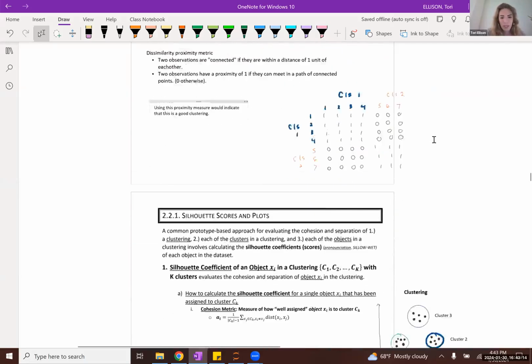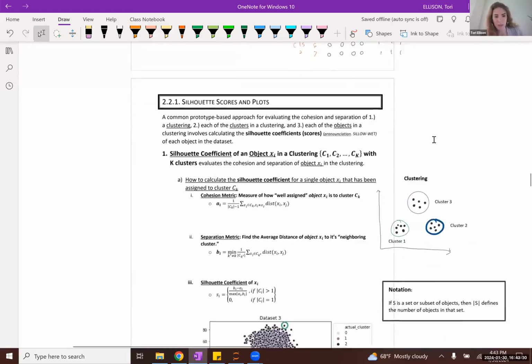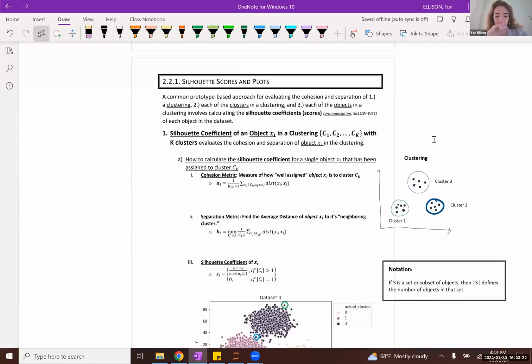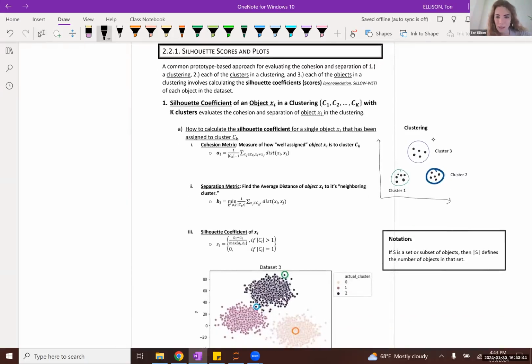All right. So what we're going to get into in the last 7 minutes of class is a common graph-based clustering evaluation metric. And the cool thing about this metric is that it measures not just the cohesion and separation of a given cluster, but the cohesion and separation of an observation within a cluster.